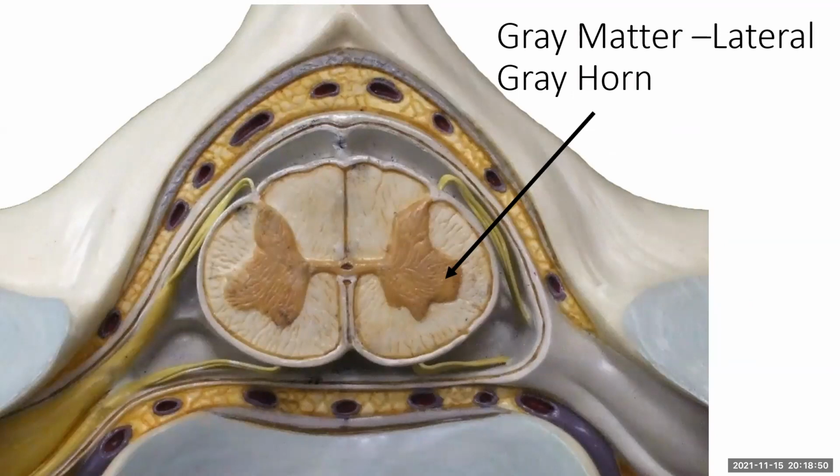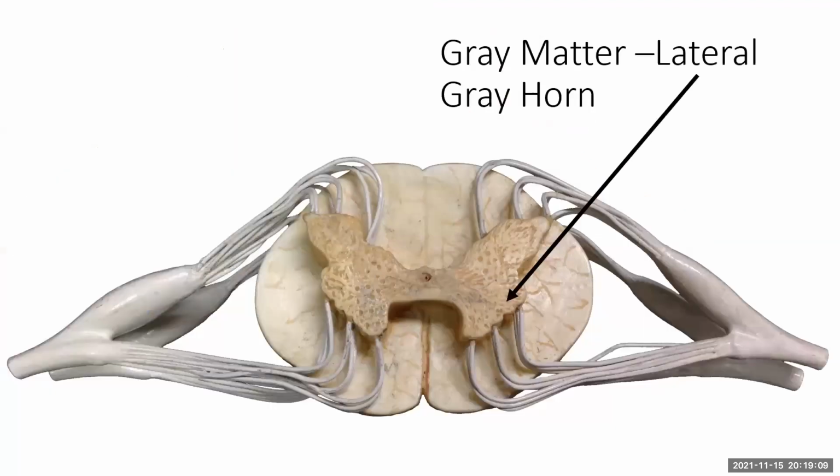You're going to see those cell bodies found at T1 all the way down to L2. The lateral gray horn, so that's going to contain autonomic preganglionic neuron cell bodies. Here's the lateral gray horn on this model.